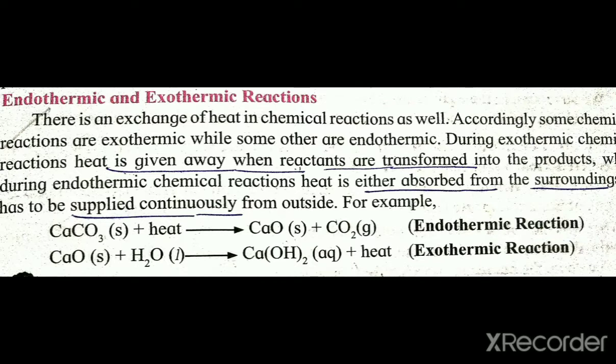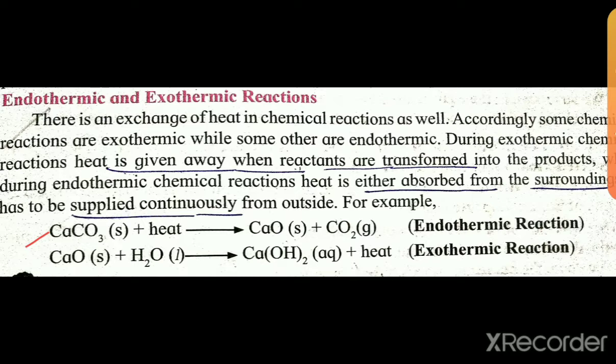For example, the first example is calcium carbonate, which is in solid state, plus heat. If we give calcium carbonate some heat, it gives CaO, calcium oxide, plus CO2, that is carbon dioxide.